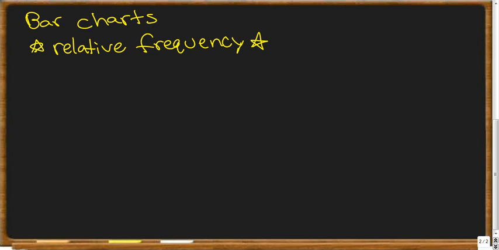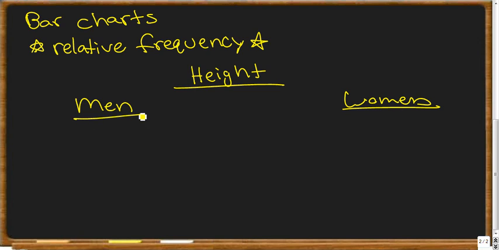So an example of this is, let's say that we measured height amongst people. If we're measuring height amongst men and women, we may say something like 6 foot plus and 6 foot under.